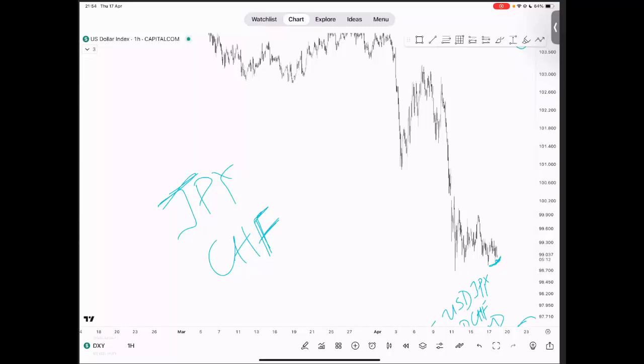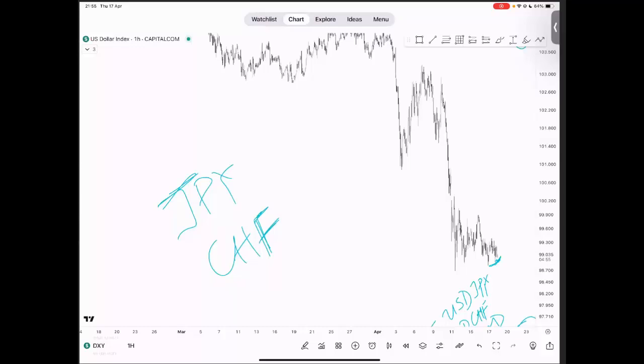But correlation is good to a very good extent. It can help add to your analysis, and checking whether what you're doing is in correlation to DXY can give you extra confidence.